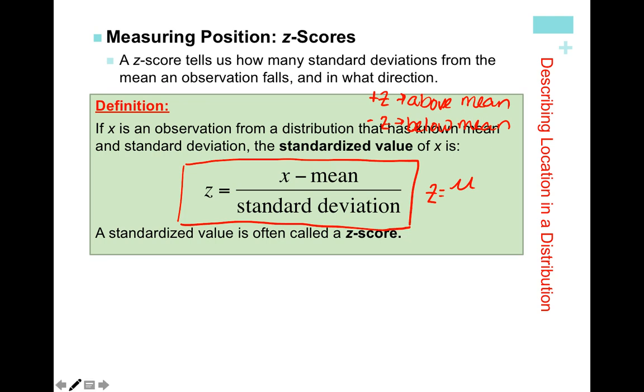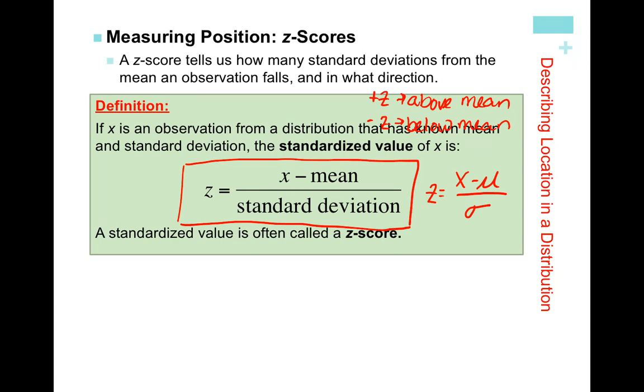Let me see if I can erase that here. Okay, so your observation, x or x bar if it's the mean, minus mu for the population mean, over sigma, which is the population standard deviation.